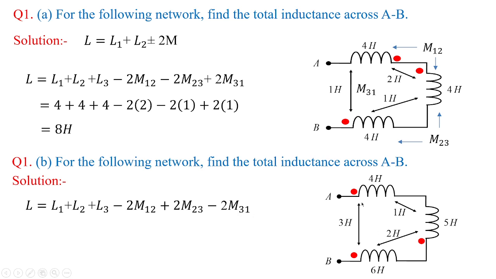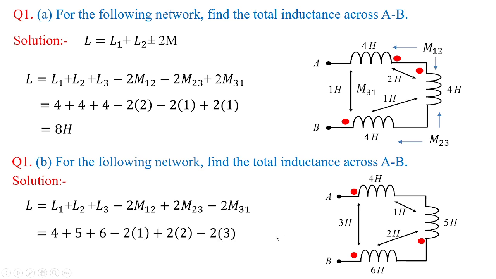So that is why the mutual inductance found between these two will be negative. Negative M31 pertaining to coil 3, negative M31 pertaining to coil 1. So overall minus 2 times of M31.